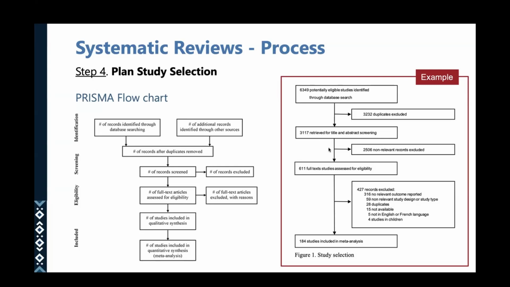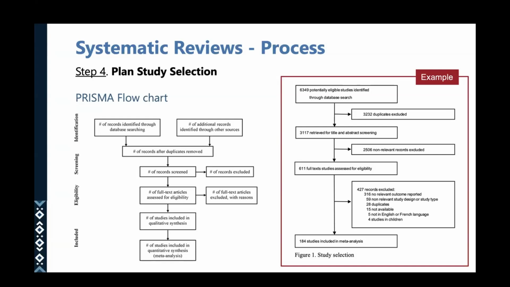And at this stage, we excluded 2,506. So usually it's quite obvious that the paper doesn't meet your inclusion criteria. For example, you might see a paper done in mice and your subjects of interest are human beings, so you exclude that paper. You might see something very obvious from the title or abstract that points out that this obviously doesn't meet my criteria, so you kick it out. So we went further to include 611 papers in the full text stage.